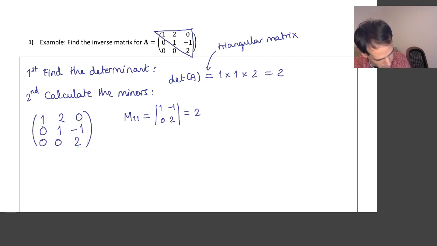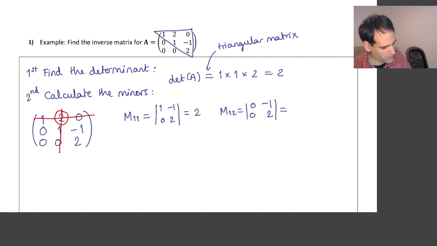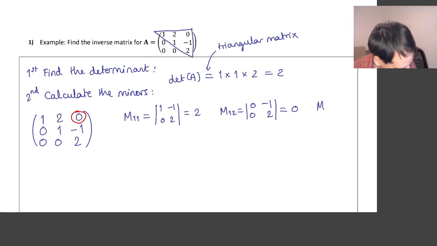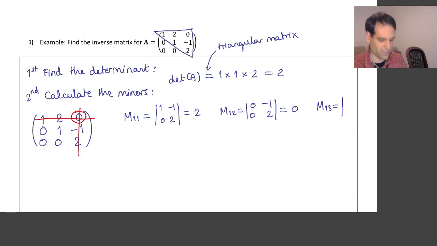For the second minor, corresponding to this element, we cross out that row and that column, and we are left with the determinant of 0, minus 1, 0, 2. And this determinant is 0 minus 0, which is 0. Now, for this third element here, the minor 1,3 equals the determinant of the matrix that is left when we cross out this row and this column.